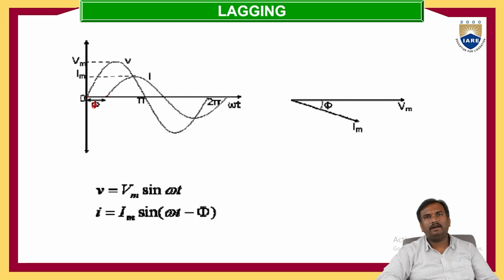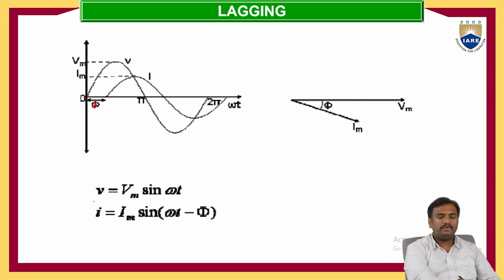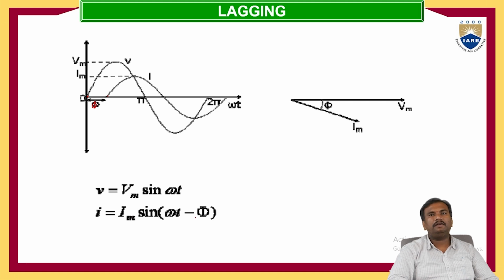When it is starting after 5 degrees, the voltage waveform v of t can be expressed as Vm sin omega t, and I can be represented as Im sin omega t minus phi.